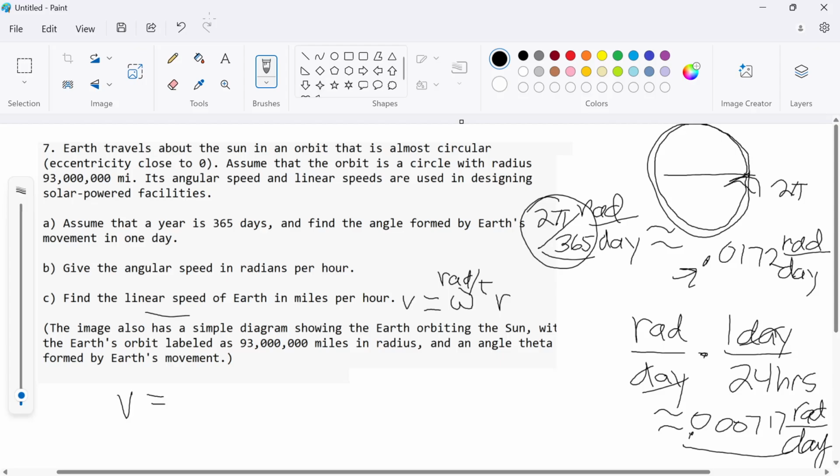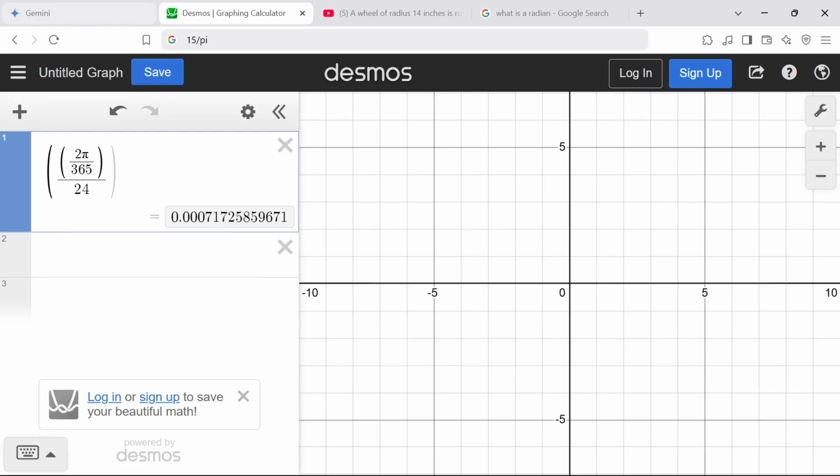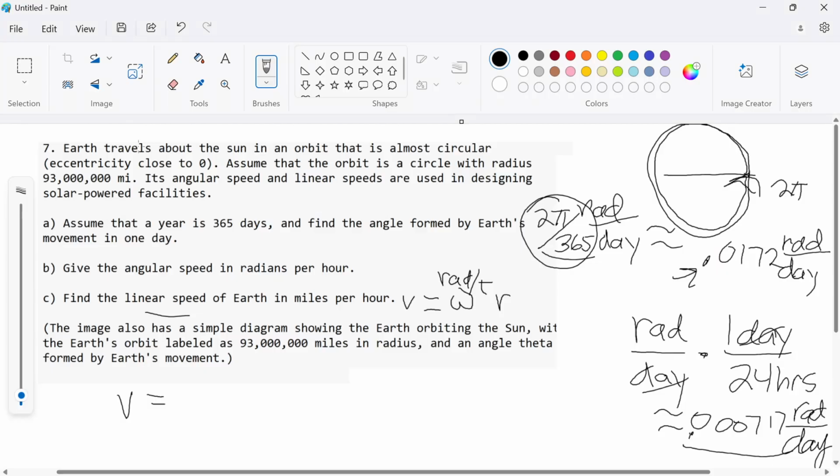But if you did 0.000717 times 93 million, you'd get close. Let me see if there's a rounding error here.